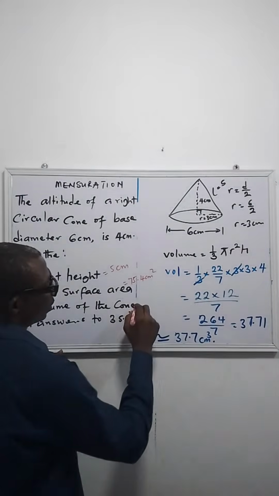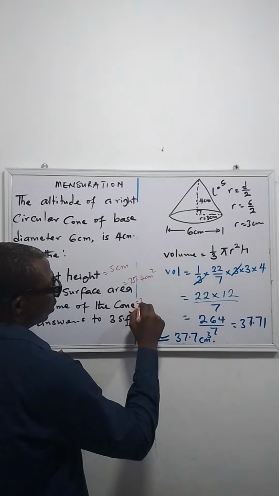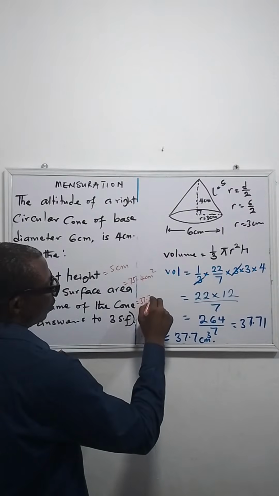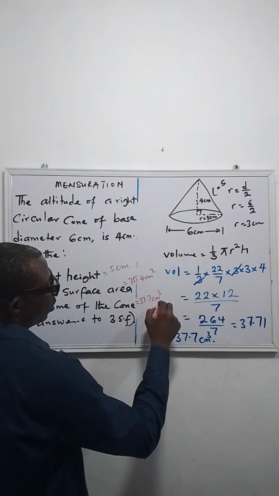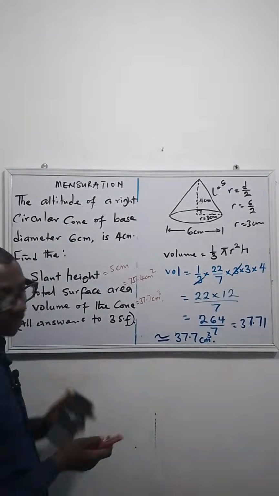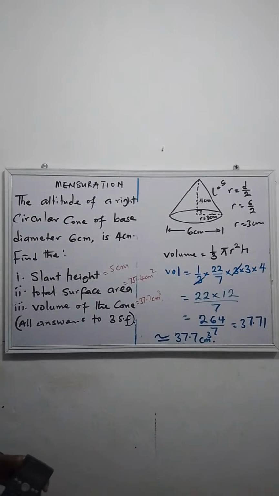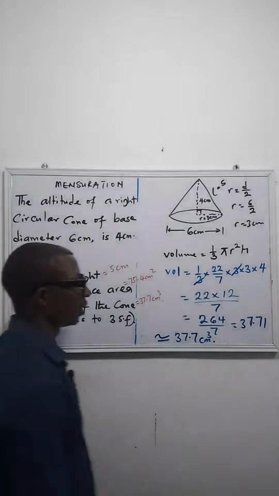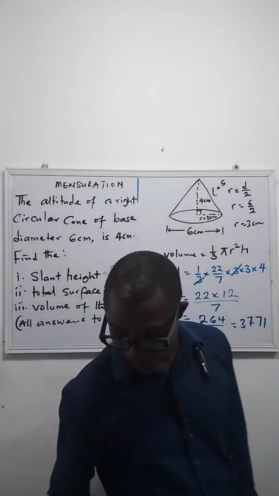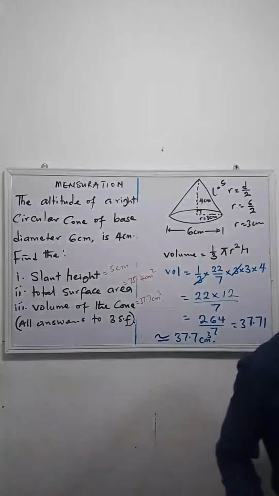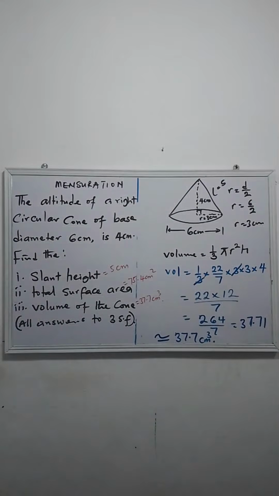So we write this to be 37.7 centimeter cube, and that is the answer. Any observation based on what we have here? If you have any observation, you can drop it in the comment section.